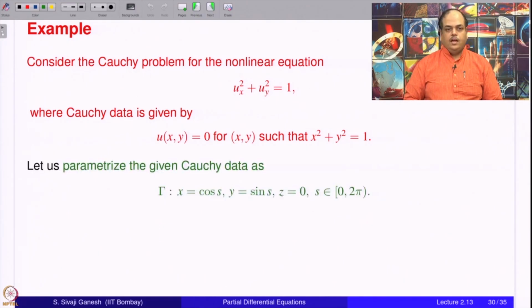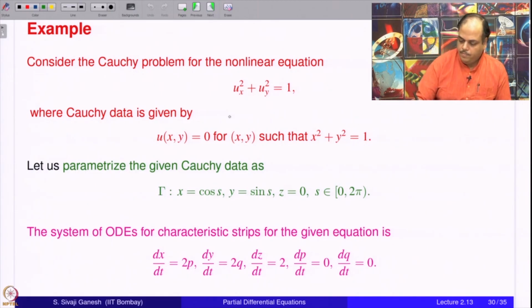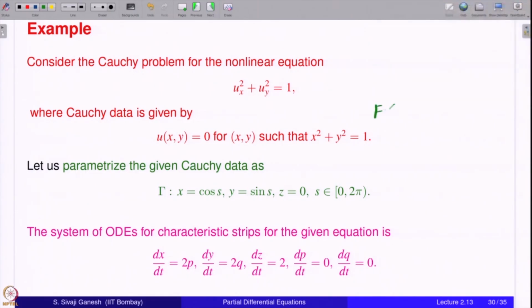So, first thing as always is to parameterize the Cauchy data: x equal to cos s, y equal to sin s, z equal to 0, s in the interval 0 to pi. System of ODEs. So, what is f of x, y, z, p, q? p squared plus q squared minus 1. So, in this example, we should always write this, what is this function?